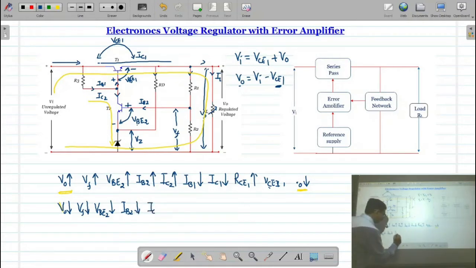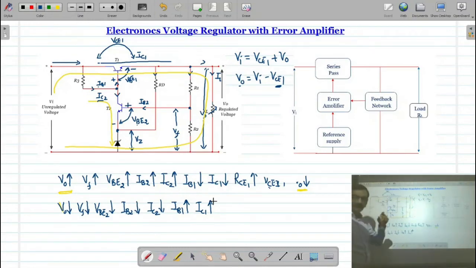So IC2 will decrease. And as already mentioned, if this IC2 is going to decrease, then naturally the IB1 will increase, and IB1 will increase, then naturally IC1 will also increase.